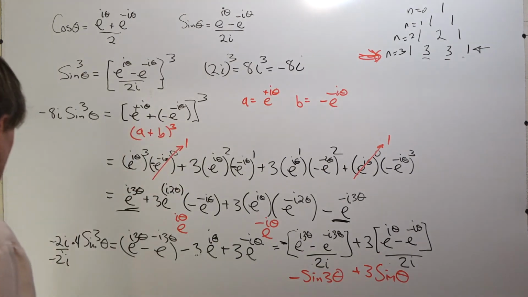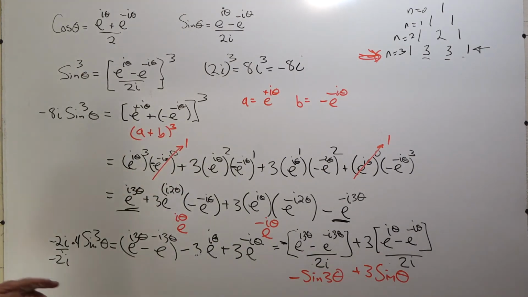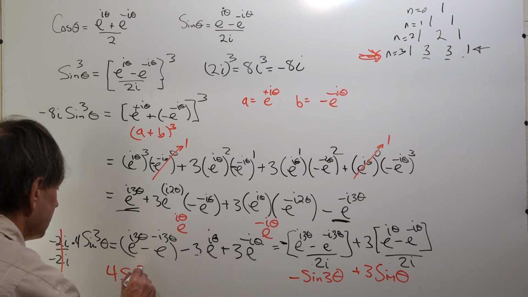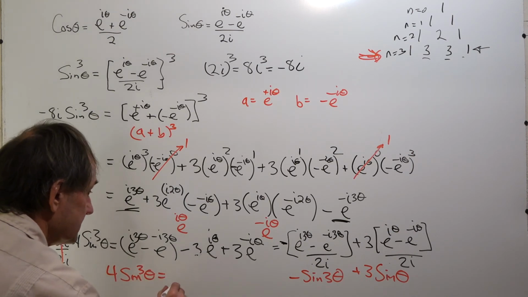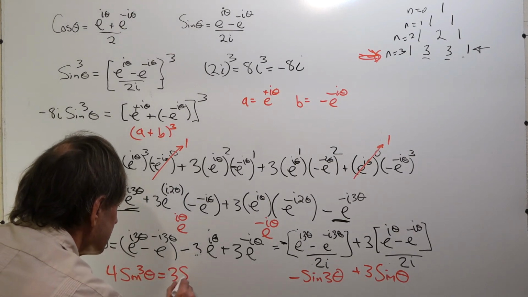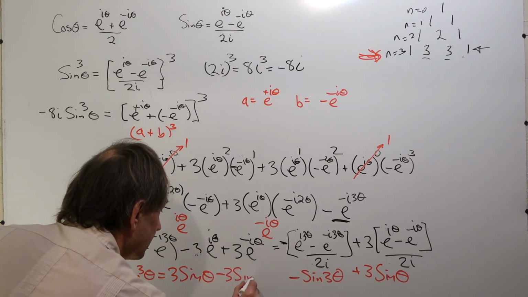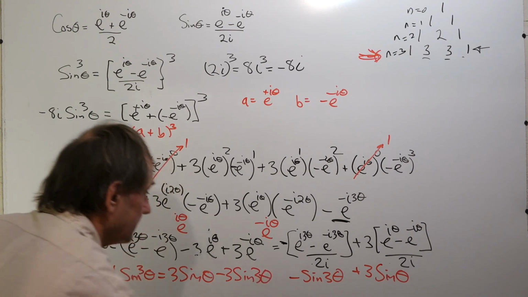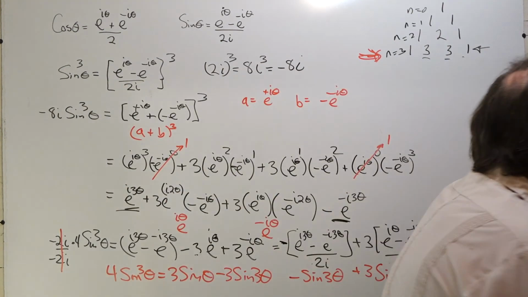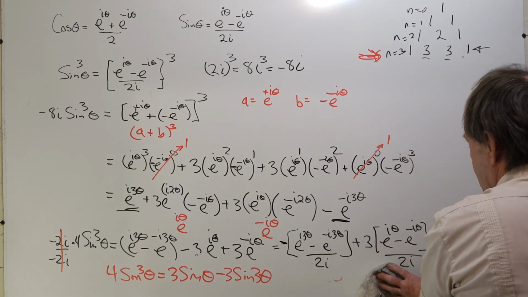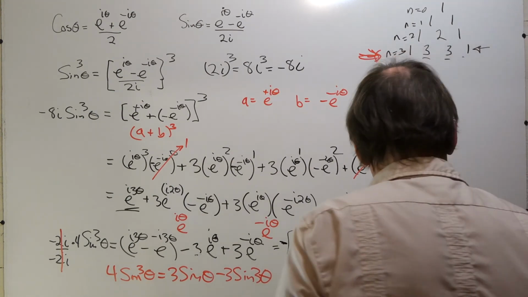So we can now write, these go out. So we have 4 times the sine cubed of theta is equal to 3 times the sine of theta minus the sine of 3 theta. So that's our other identity.